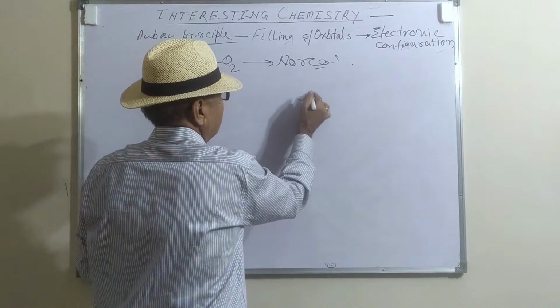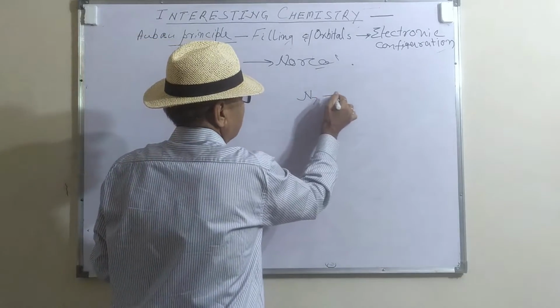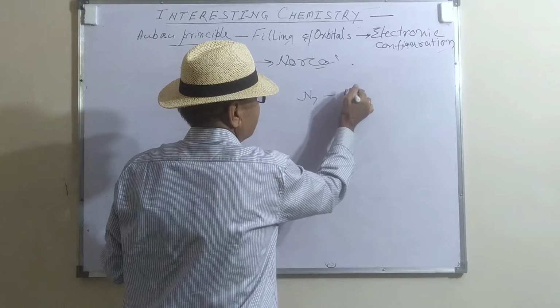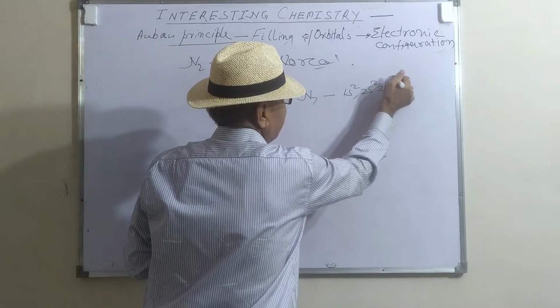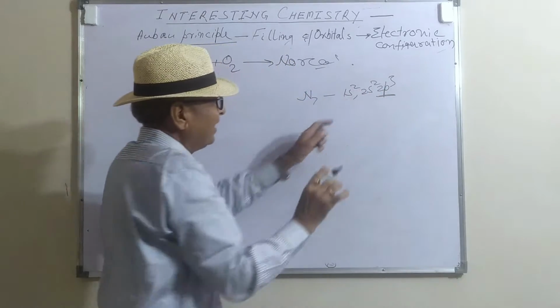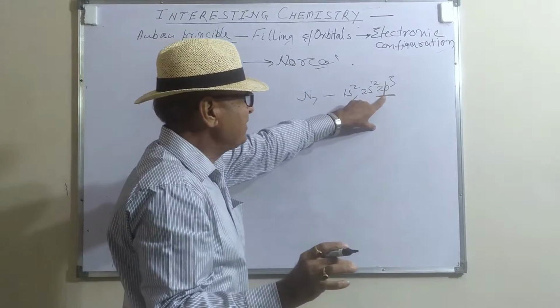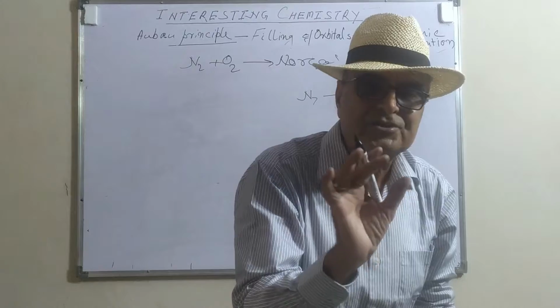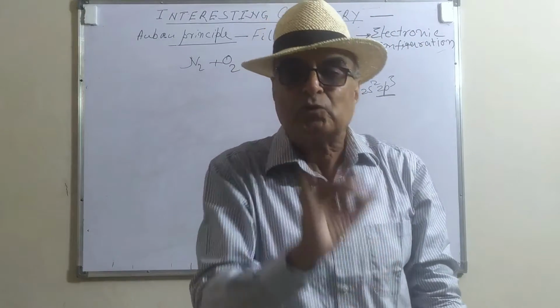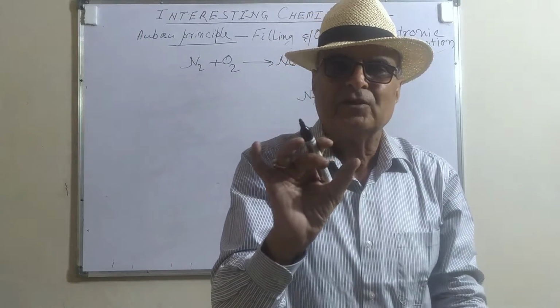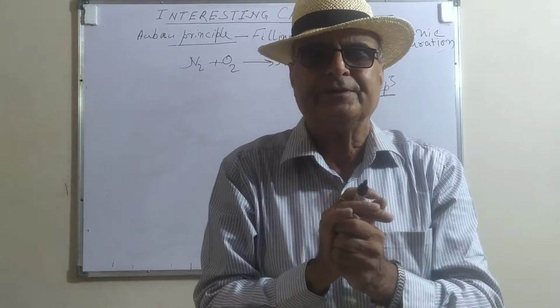The electronic configuration of nitrogen, atomic number 7, is 1s2, 2s2 and 2p3. So this p subshell is half filled, so it has more stability.